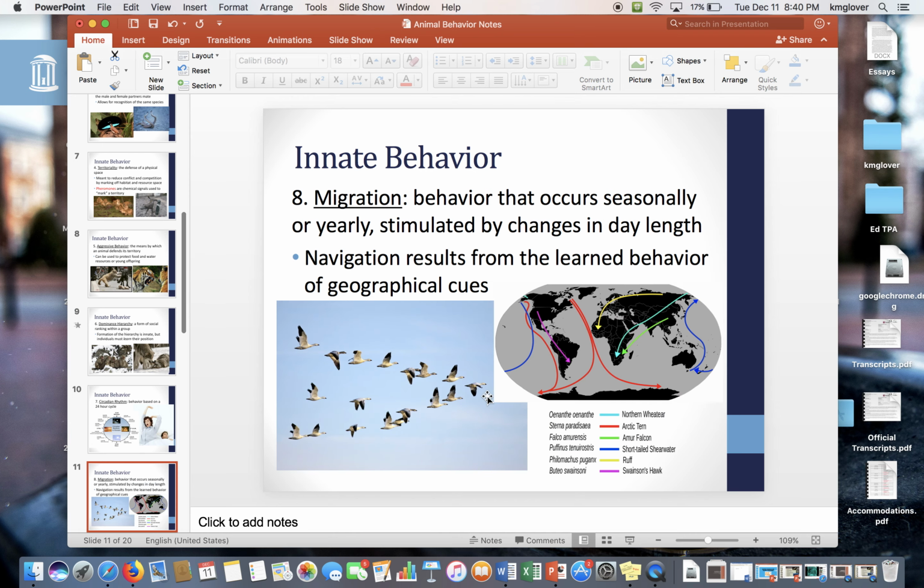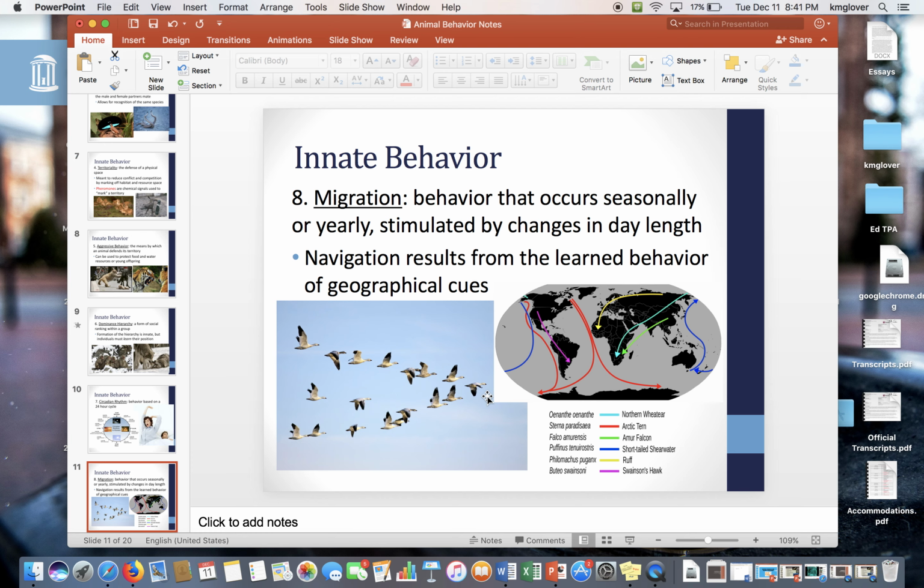Next is migration. You know what migration is. It occurs seasonally or yearly. It's movement based on season, based on time of year, and you know birds fly south for the winter. Birds that are in northern regions, when it gets really cold up there, are going to fly south so they can get more bugs. There's more vegetation.